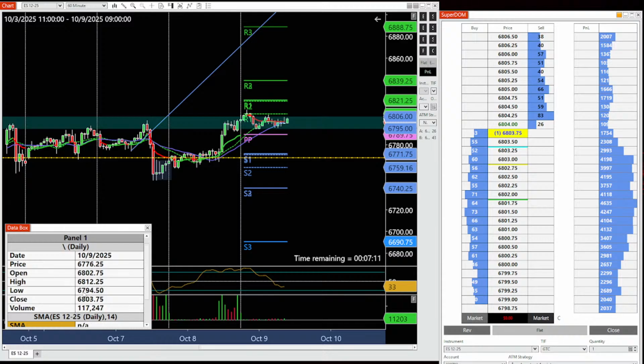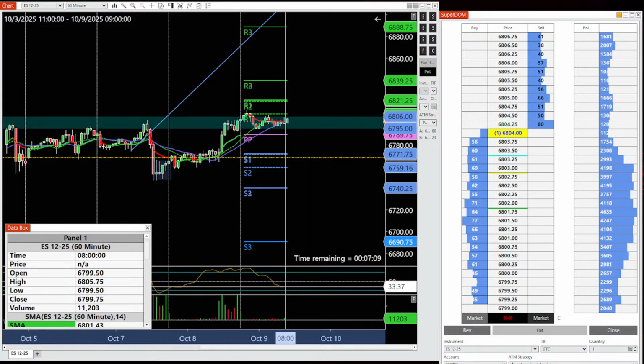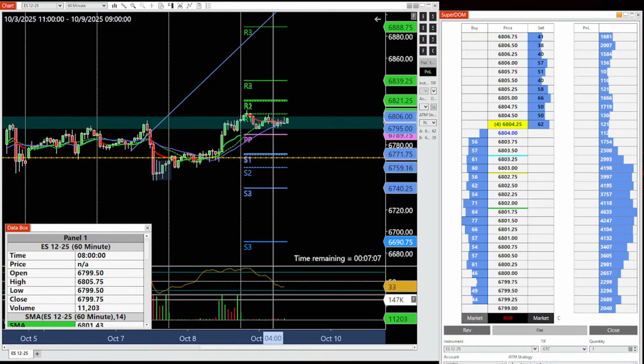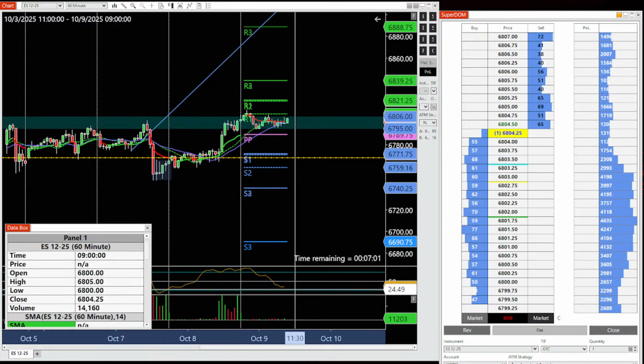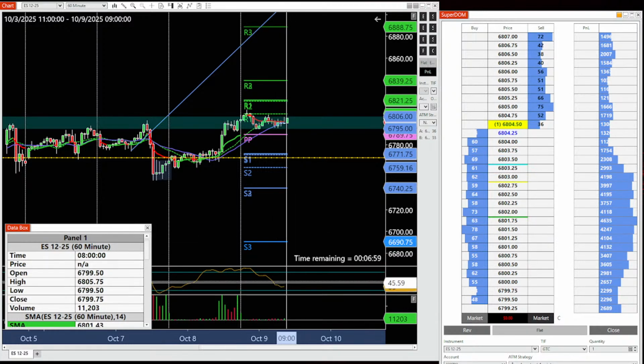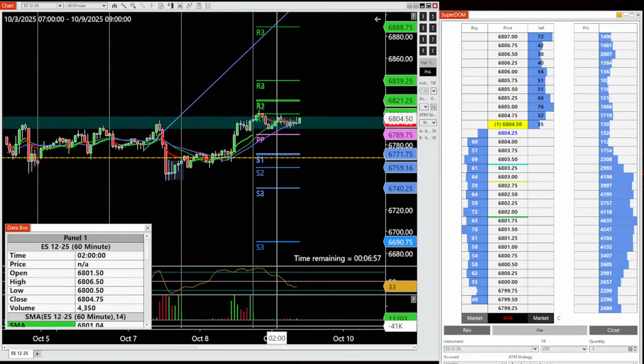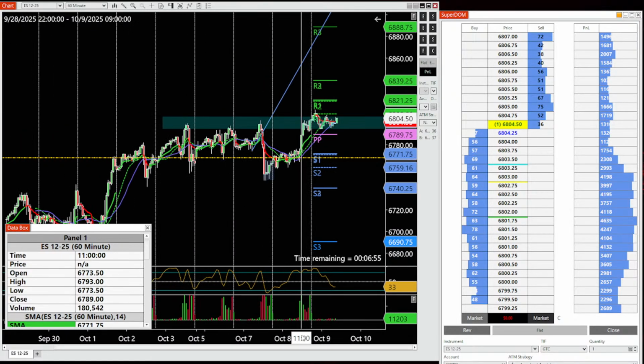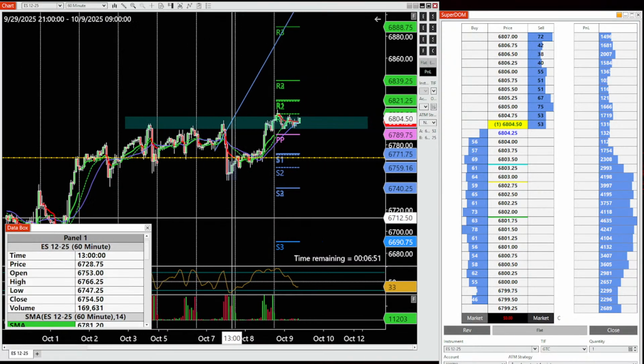Looks good because I got stochastics here. The stochastics could have a turn up from this low and keep the momentum going.